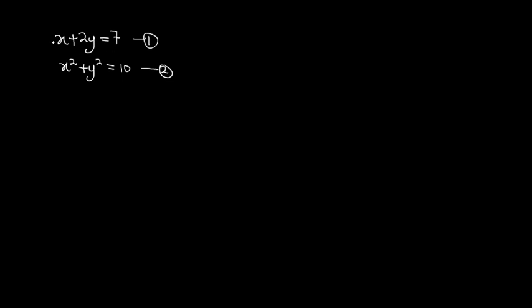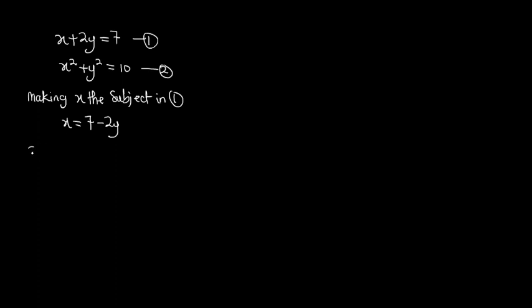I will make x the subject in equation 1. So x is equal to 7, then I bring the 2y to the other side of the equal sign, and it becomes minus 2y.